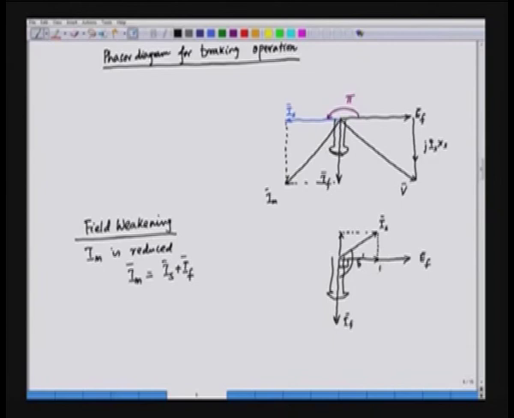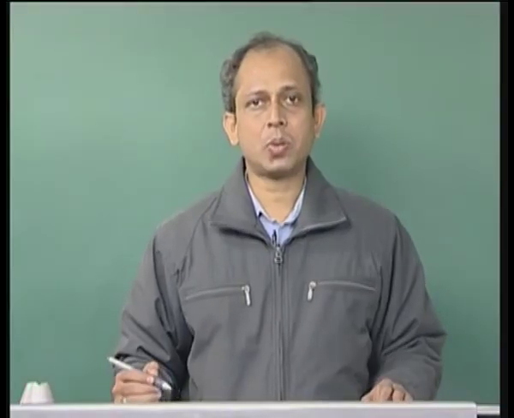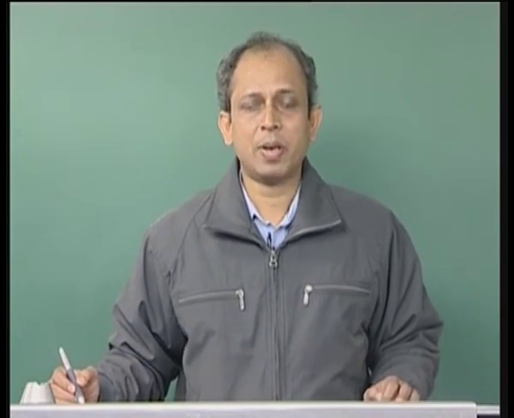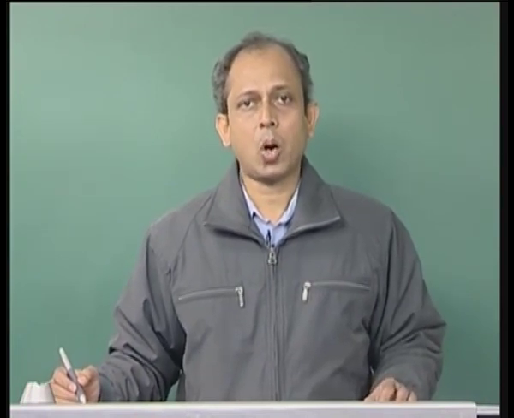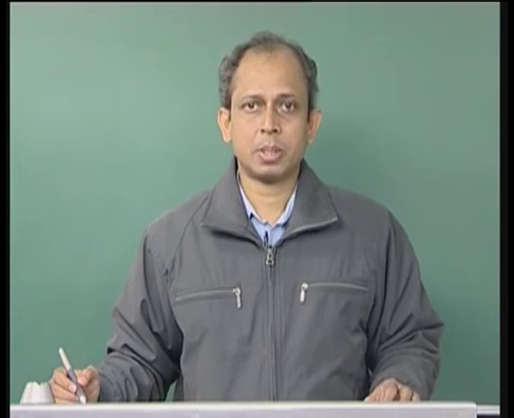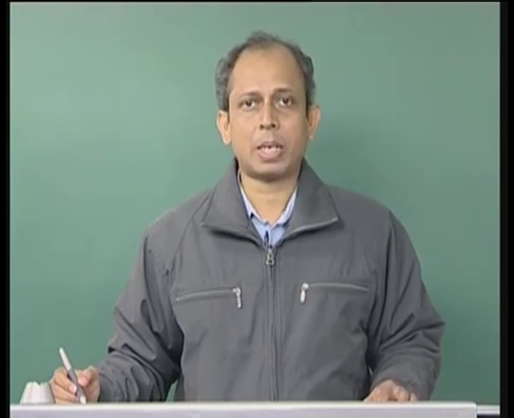We can call this Isx, let us say, and we can have another part here, Isy. This Isy is demagnetizing the field winding, and hence we have a reduced magnetization current. In the next lecture we will discuss in detail the field weakening operation and also the dynamic control of permanent magnet synchronous motor.